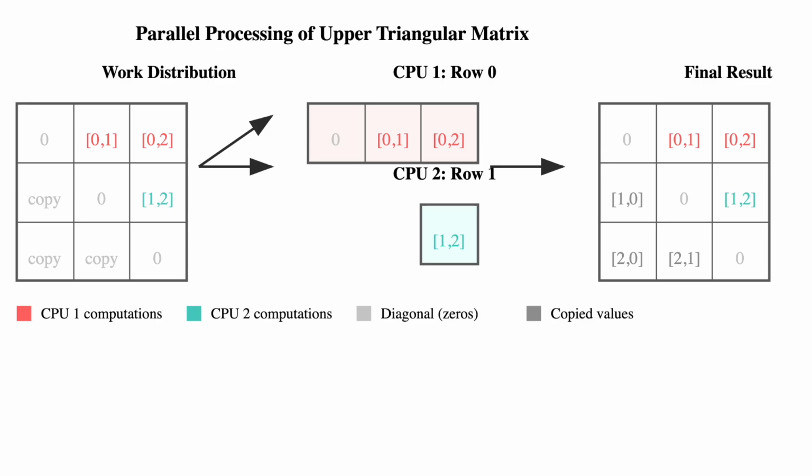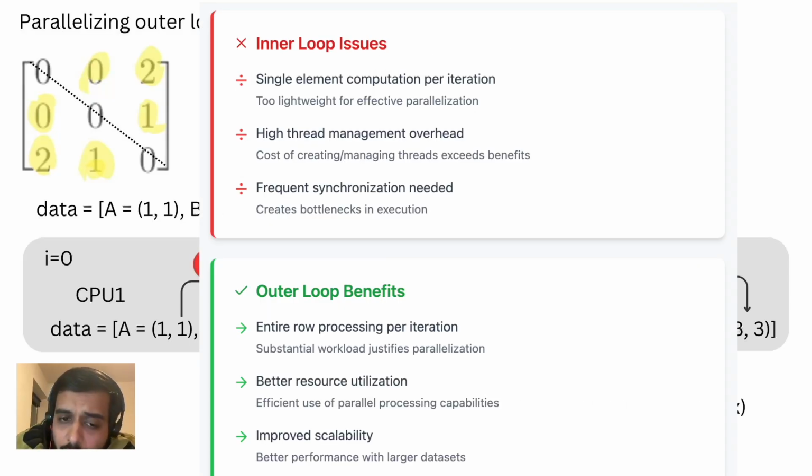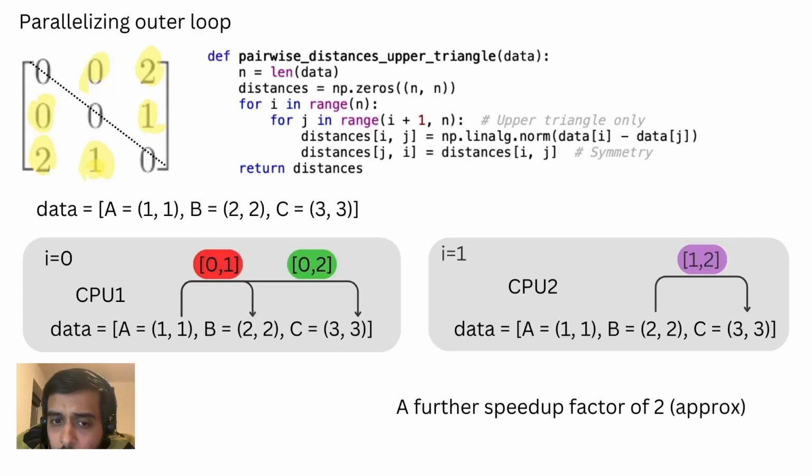Then I was asked why we wouldn't parallelize the inner loop. We cannot parallelize the inner loop because it has smaller computations for each iteration, so we would spend more time in overhead. In contrast, if we parallelize the first loop, the i loop, it allows us to give a larger chunk of work to each CPU instead of parallelizing the j loop.